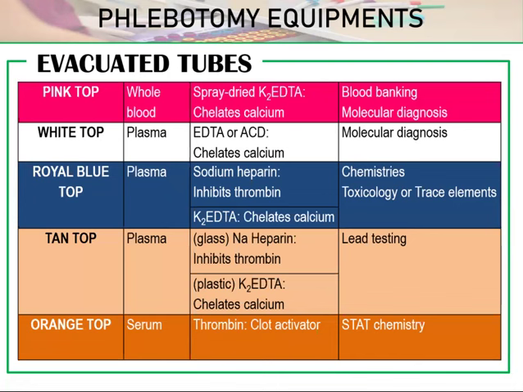The next table is our uncommon evacuated tubes. It's very easy to understand. Just to add some information that is not on the table: the evacuated tube that is helpful in HIV testing is our white top.